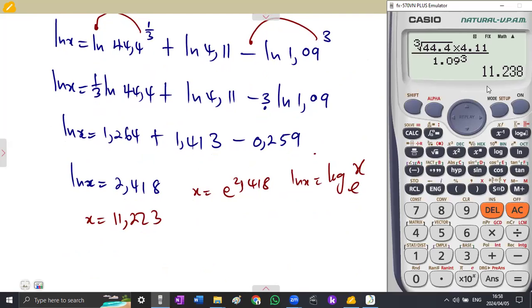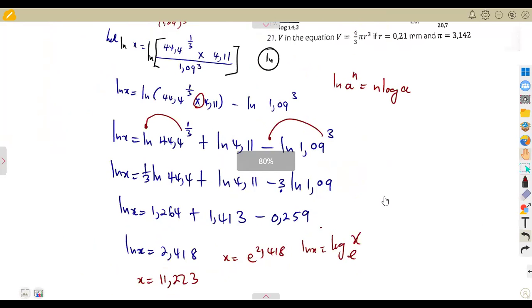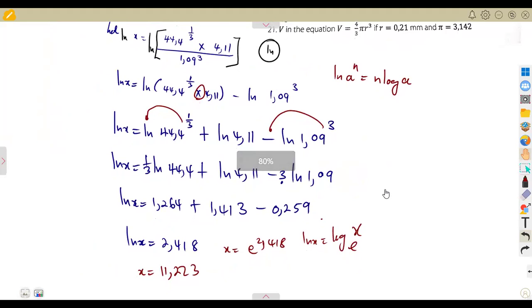So as you can see, if you're using the Napierian logarithms, your answer is very, very close. As you can see, 11,2 something is different from when you are using direct logarithms. Your answer is going to be a little bit shifted. But the Napierian logarithms, at the end, we can conclude that they are best to use because your answers are going to be exactly in the range that you are given.